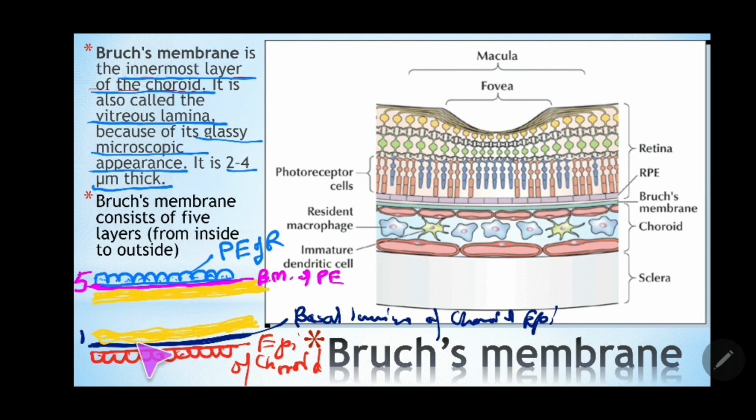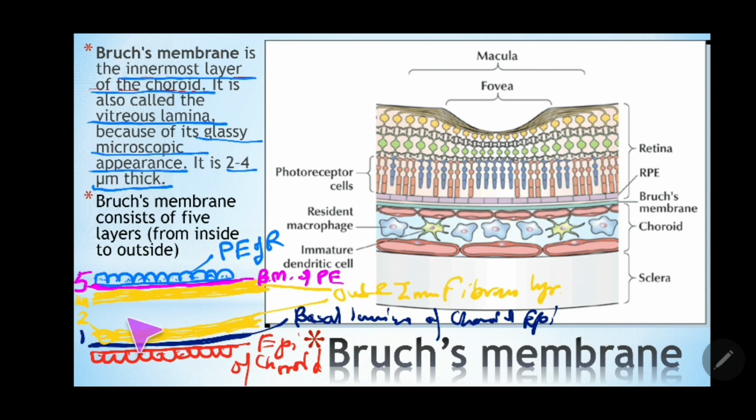On both sides you find this as the 2nd layer and this as the 4th layer. The 2nd and 4th layer is the collagen fibrous layer, the outer and inner fibrous layer.